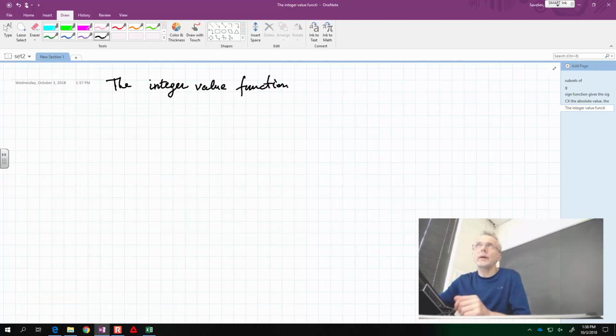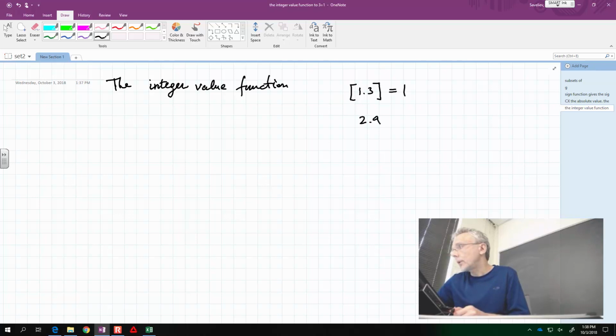It's like a rounding function. The notation is brackets. Say 1.3 is equal to 1, and 2.9 is equal to 2. That's the function. So rounding down, more precisely: the nearest integer that is less than x.